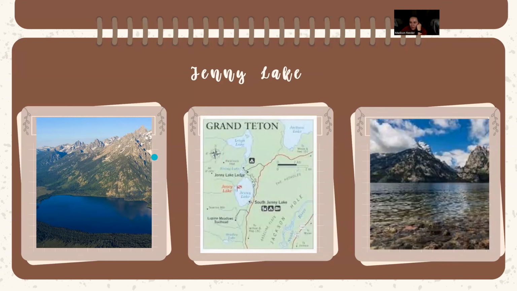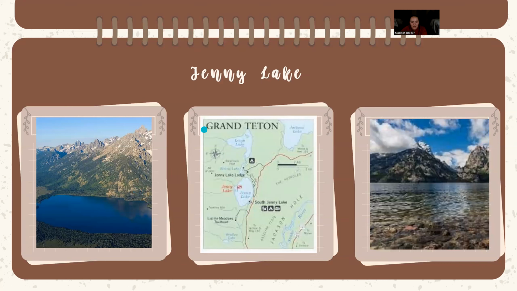So this is an overview picture of Jenny Lake. There's a trail that goes all up and back in here and around, and the Hidden Falls are right up in here. And then this is from the shore, by the visitor center, just looking at all the beautiful mountains.